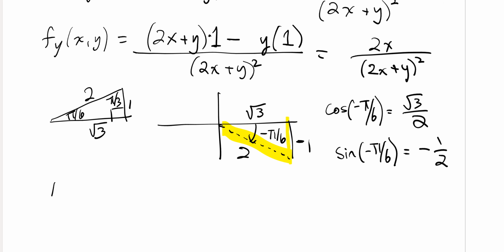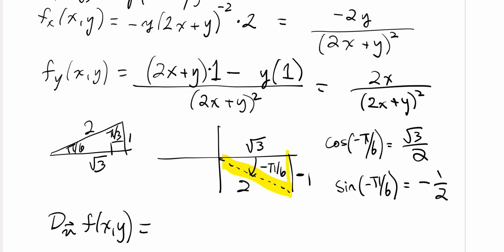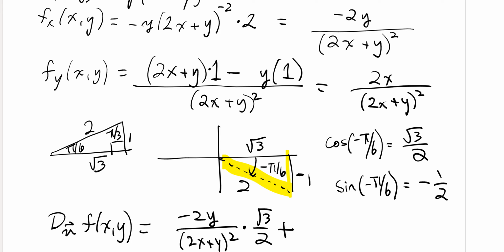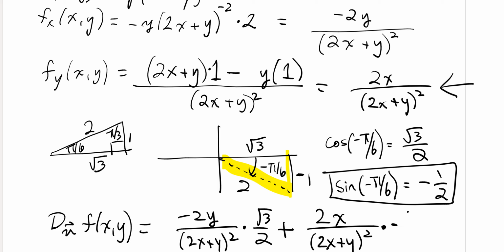And now we have what we need to write down the directional derivative. So this is equal to the partial with respect to x times the cosine of the angle, which is radical 3 over 2, plus the partial derivative with respect to y times the sine of the angle, which is negative 1/2.